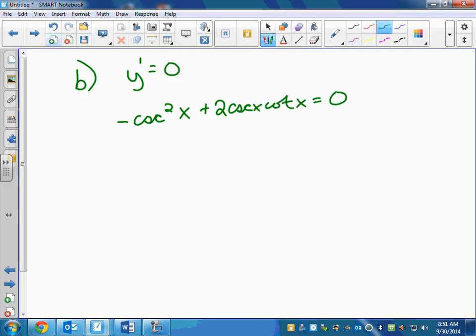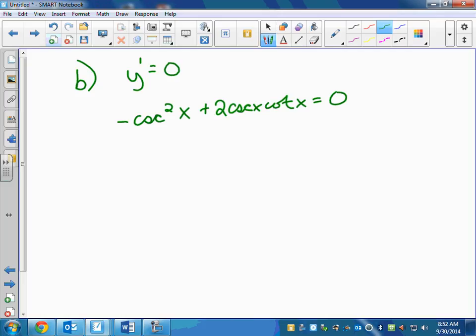And I want to set that equal to 0, which makes me go back and think a whole lot about trig equations, solving that. We could factor out a cosecant there maybe, and that might be the way to go. Oh no, we'd still have cosecant and cotangent left.